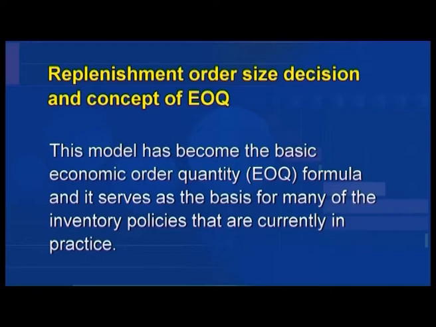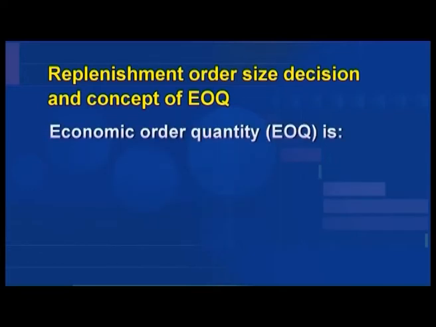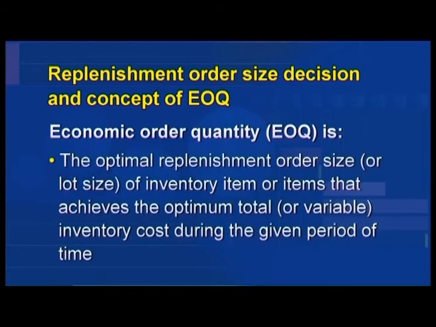Economic order quantity is the optimal replenishment order size or lot size of an inventory item or items that achieves the optimum total or variable inventory cost during the given period of time.